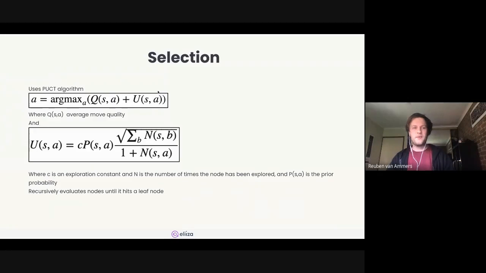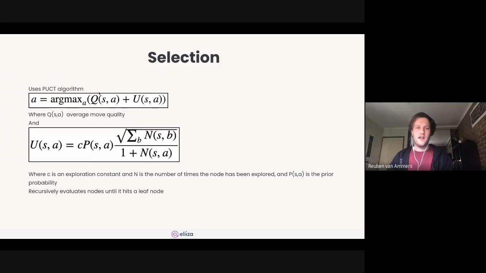Essentially, it's not too complicated really. You've got a bunch of different moves that you can take. It could be chess, could be Go, doesn't really matter. You want to choose one that is a good move, which is this Q term, and also something that you haven't explored so much before, which is this U term.